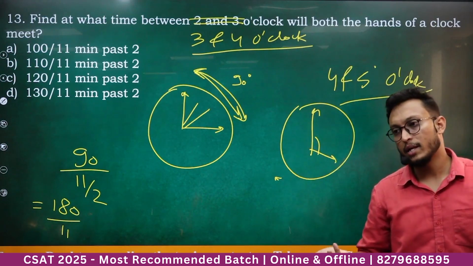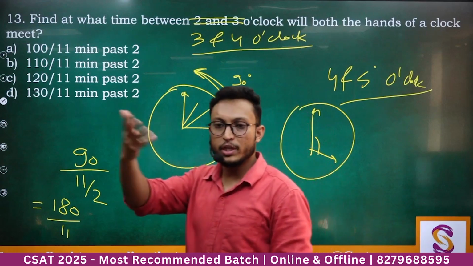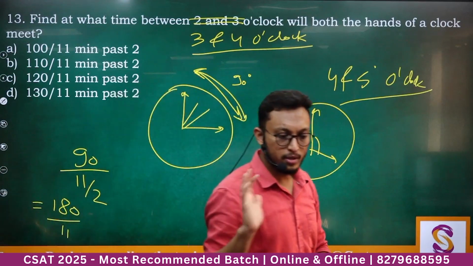You can just directly multiply it by 2. So 120 into 2, 240. 240 by 11 is the answer.